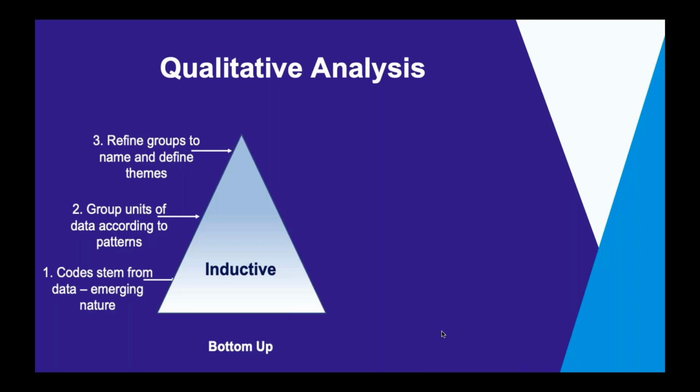Probably the most common type of data analysis in qualitative research is inductive. And that means that we're starting with the data, the bits of data, and our research question to help guide us in identifying those units of data that are important to us. So we start with codes, then we go up and we start grouping those codes into like meaning.